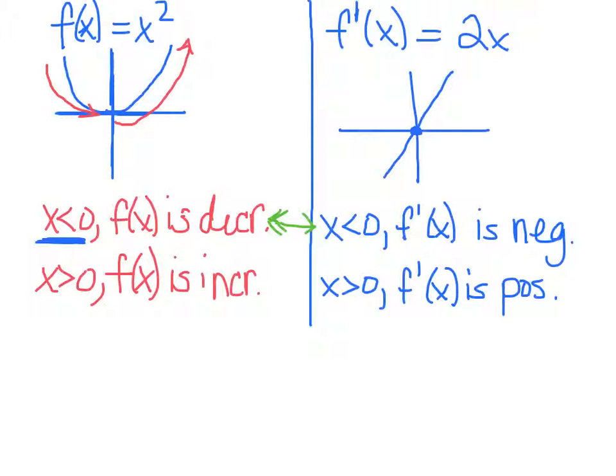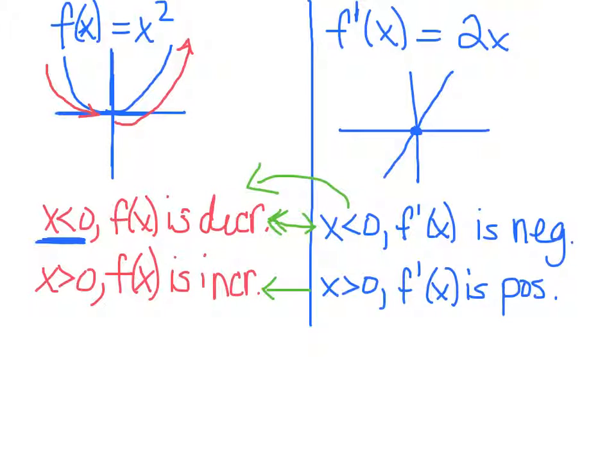When x is greater than 0, the function is increasing, and the derivative is positive. Increasing, positive. So what you want to try to do is make that connection. Let's go backwards. If the derivative is positive, that means the function is increasing. If the derivative is negative, that means the function is decreasing.